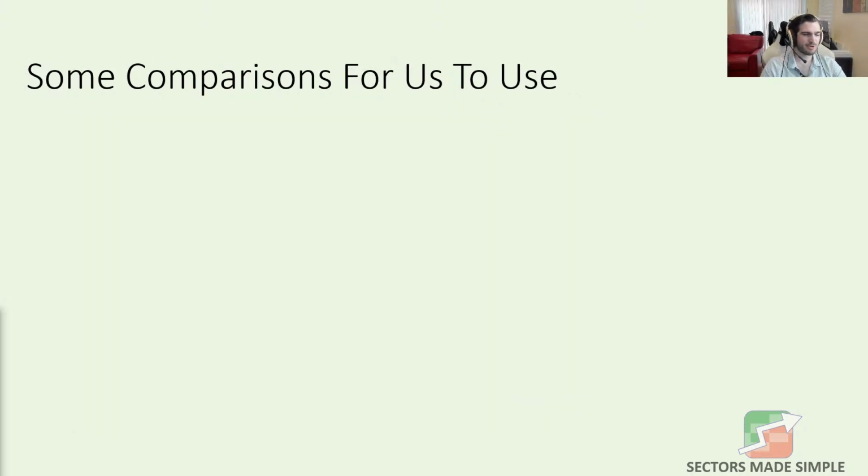To keep things pretty simple, and again, just as the introduction to all this, here are some comparisons that we can use for some major indices. For the S&P 500, we have SPY, which is the bullish S&P 500 ETF. So when the S&P goes up, SPY goes up.